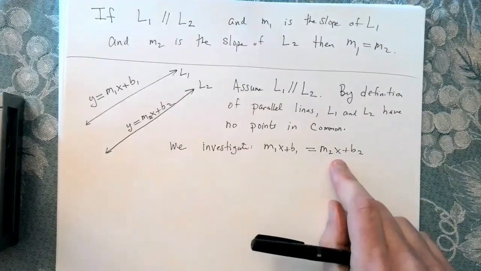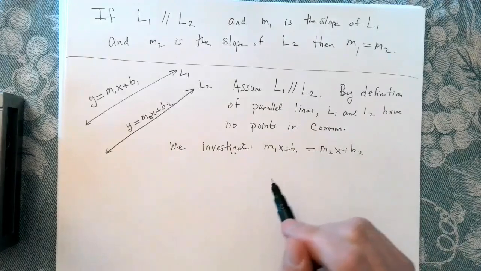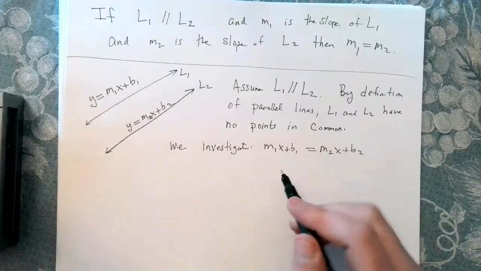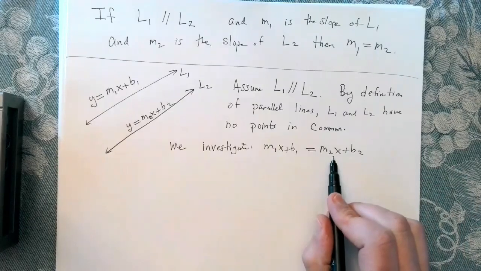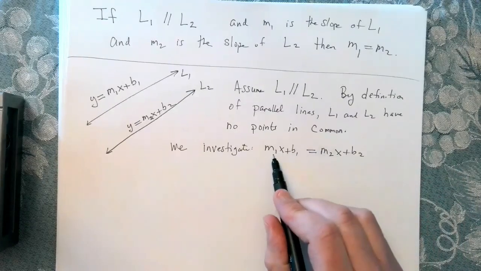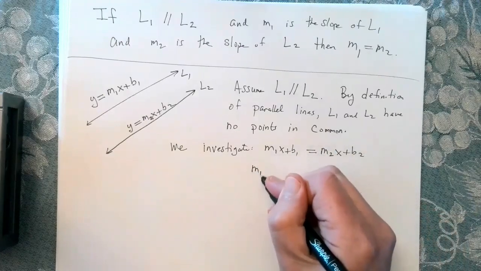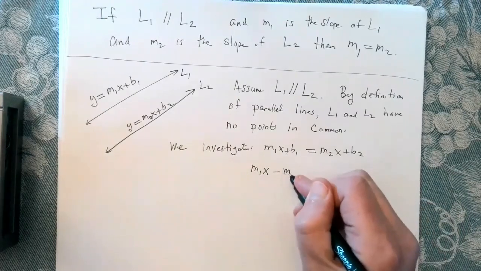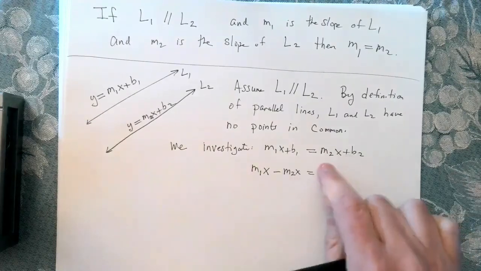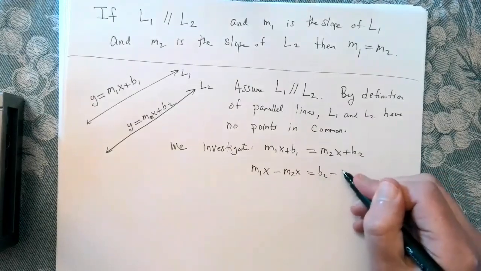Let's do some algebra. Let's get all the x's on one side and all the b's on the other. Essentially, I just want to solve for x. So let's subtract this over to this side and subtract this over to this side. That should give me m1x minus m2x equal to b2 minus b1.